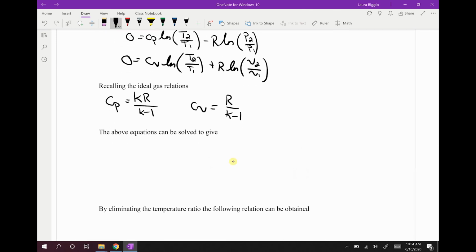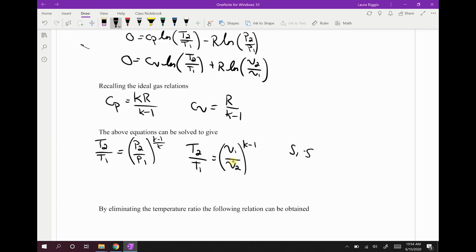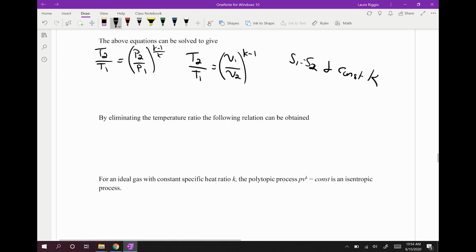We can solve these above equations and get that T2 over T1 is equal to P2 over P1 to the (k minus 1) over k, and T2 over T1 is equal to v1 over v2 to the k minus 1. Again, this is for constant entropy and constant specific heat.